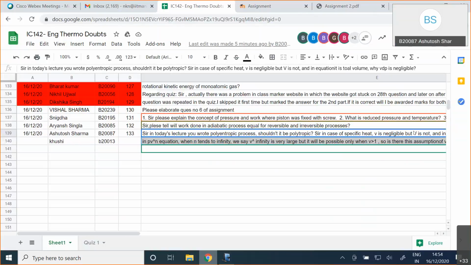Okay. So is there any other question? Sir, why latent heat is not called as stored heat? So yes, what I told, under some circumstances, latent heat is also called stored heat. That is when it changes the phase from vapor to liquid. While it is changing from vapor phase to liquid phase, it will be releasing a certain amount of energy.